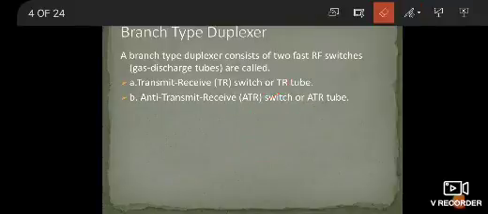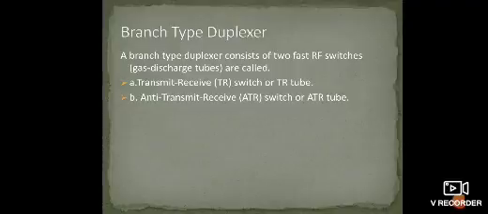So in this duplexer, how is it going to be acting as a transmitter section or as a receiver section? To understand this, initially the branch type duplexer consists of two RF switches, two fast RF switches, which are nothing but gas discharge tubes.